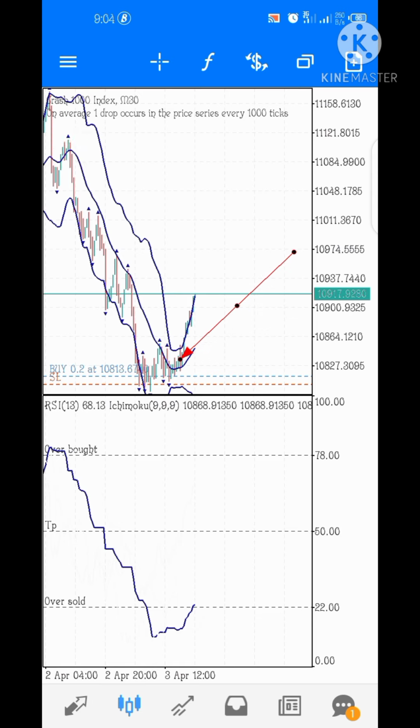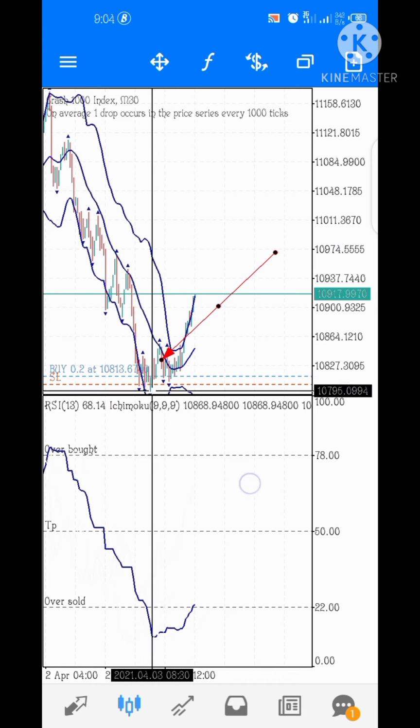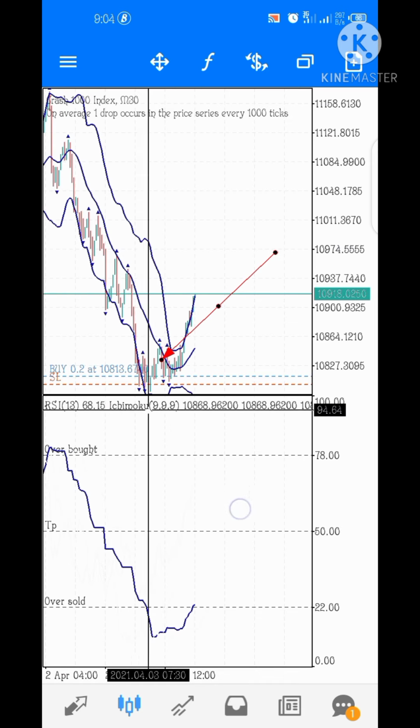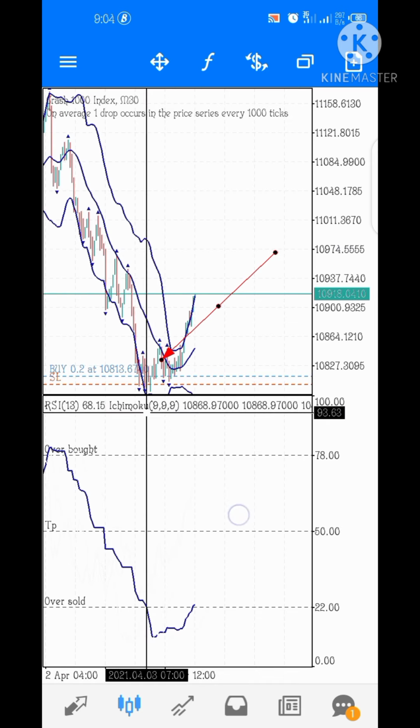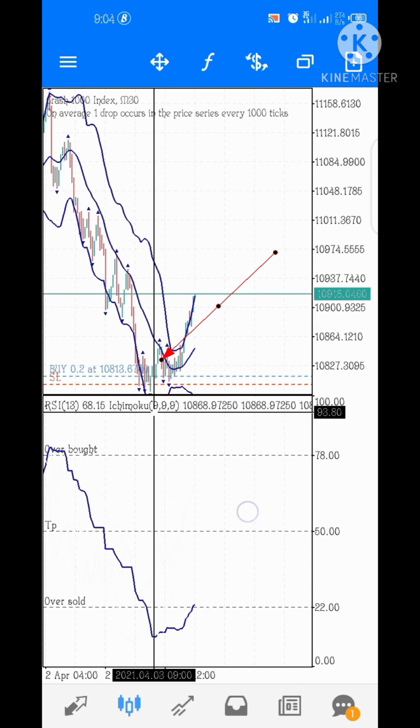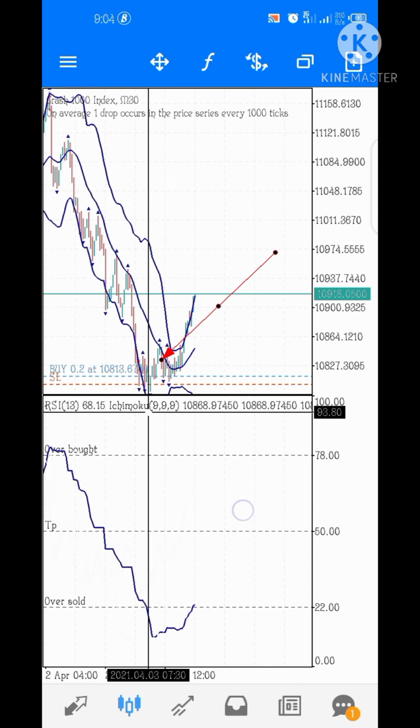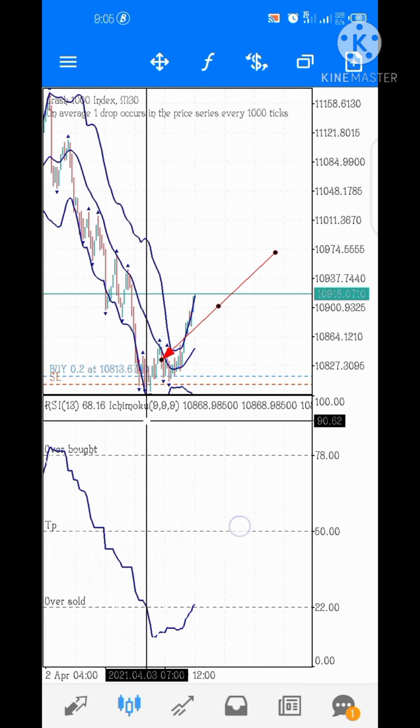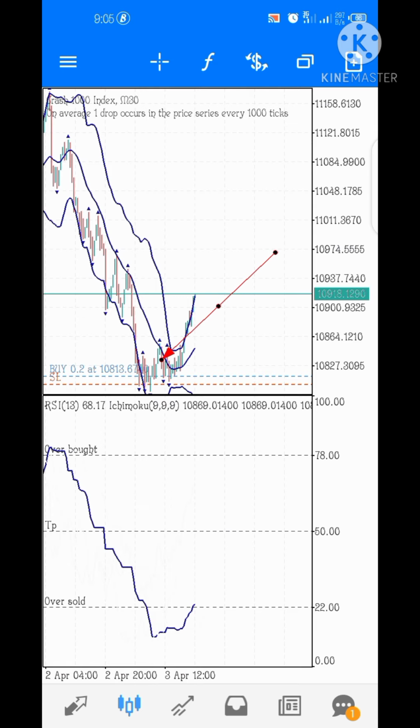So one thing is the chart must touch the Bollinger Band, and at the same time, or just a minute after, the Ichimoku then touches the oversold, or is below the oversold.